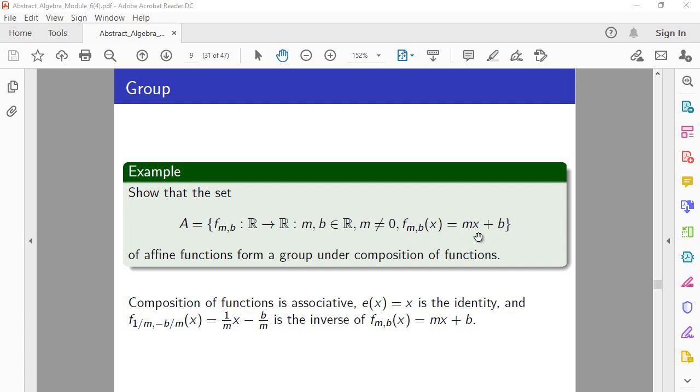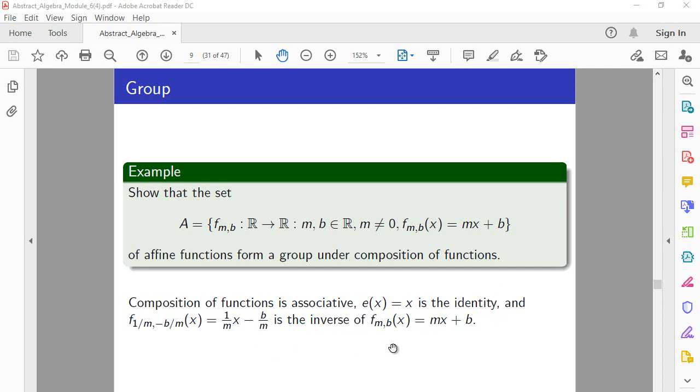The straight lines with non-zero slopes are all increasing or decreasing, and therefore they are all one-to-one, and they have inverses. So this set is a group under the composition of functions. We already know from calculus that composition of functions is associative. E(x) equal to x is the identity function here with respect to composition.